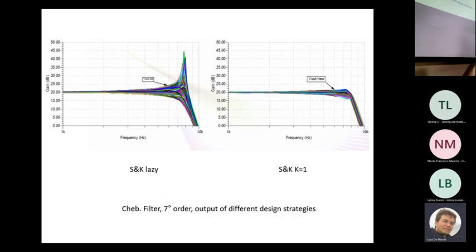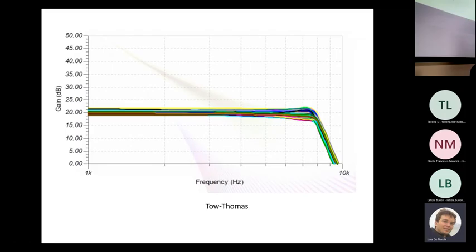So it's much more tolerant. Also, the tau-Thomas behavior is quite good. The tau-Thomas shows slight changes, but most of the changes are just related to the gain, which is typically a parameter that is not set that precisely. Even if the gain changes a bit, it's not a big problem typically.